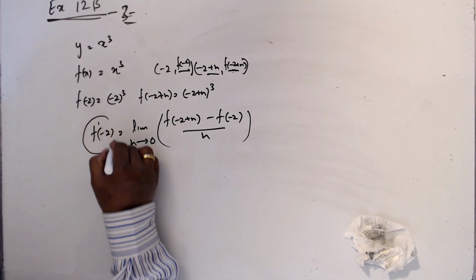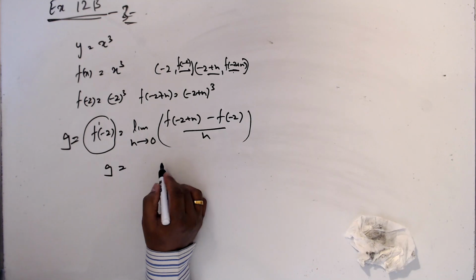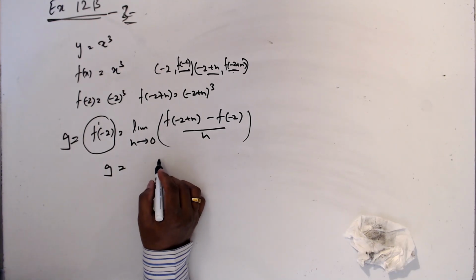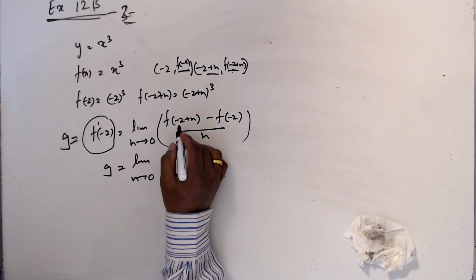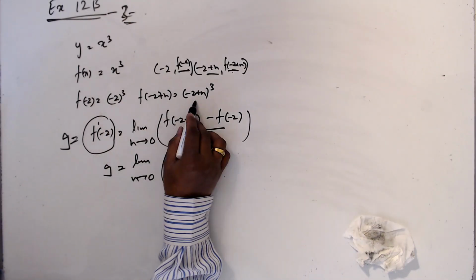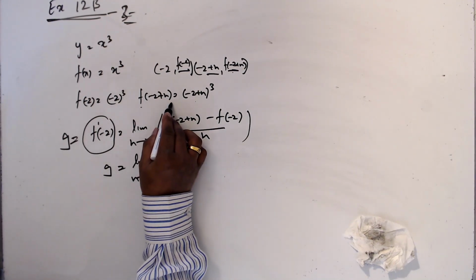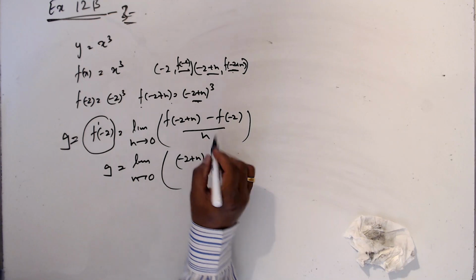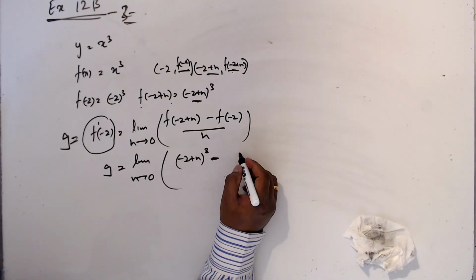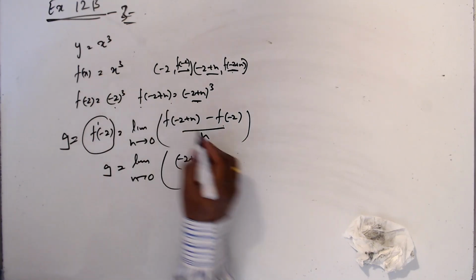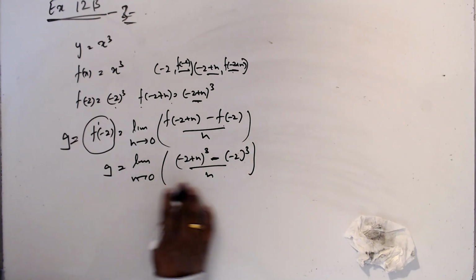They are referring to it with a different name, g. Okay, that's fine, g. Now the limit as h goes to 0, the value of f(−2 + h) is this one, (−2 + h)³, and f(−2) means this one, (−2)³, over h.